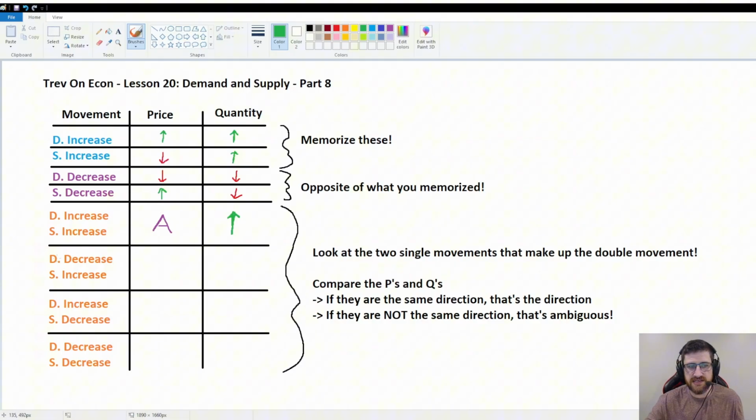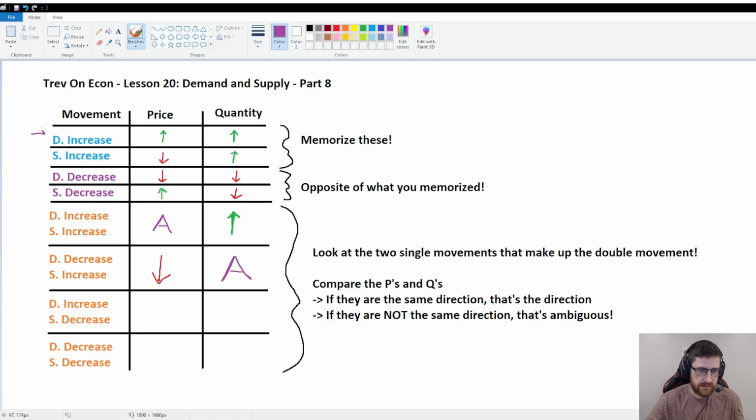So the next one is D decreases, so that's this here, and S increases, that's this here. Okay. Look at what they do for price. They both have price going down. So I know that when I put them together, price goes down. However, look at their quantities. One says up, one says down. They don't agree, which means this is ambiguous. Keep going.